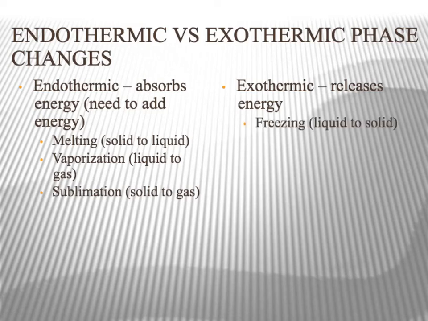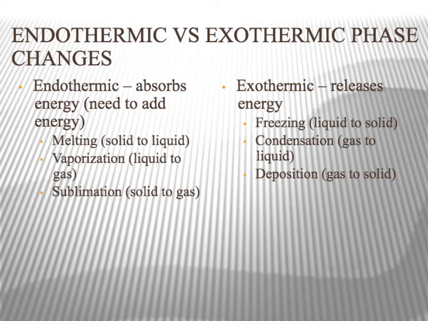Expect that they would be the opposite phase change from the endothermic process. So exothermic phase changes include freezing, which is going from liquid to solid, condensation, going from gas to liquid, and deposition, going from gas to solid.